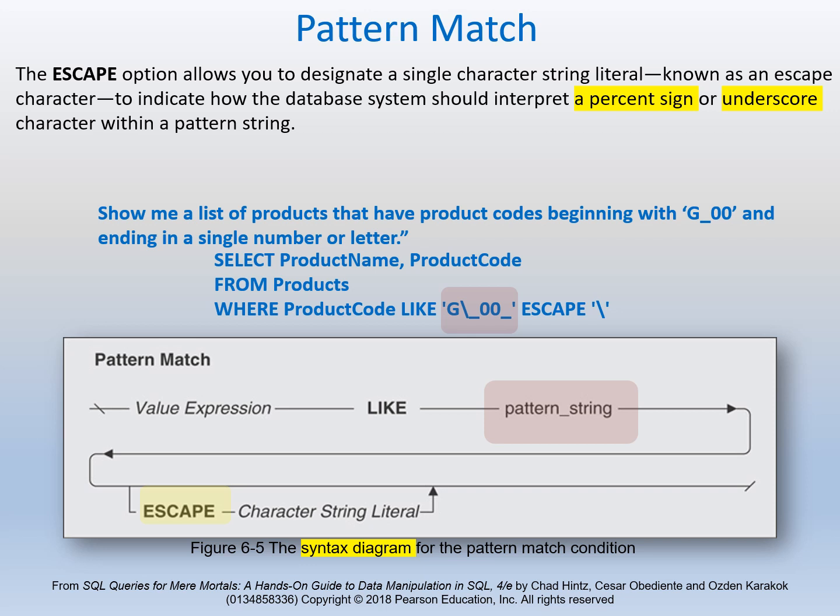Well, we know the two underscores in the string are reserved symbols, but when we use the word escape and we denote what symbol is used for escape, in this case the /, then our comparison match will work properly even though our data consists of the reserved symbol, the underscore.